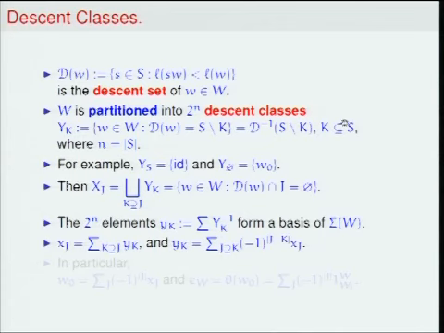Since the x's are disjoint unions of y's, the little x's are sums of y's, and by Möbius inversion you can express the y's as sums of little x_J's up to a sign.